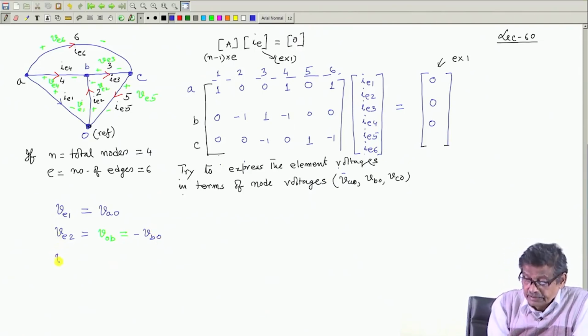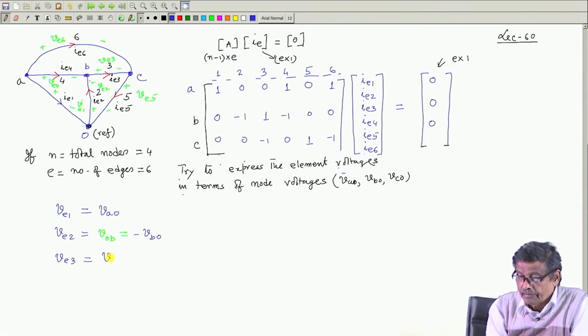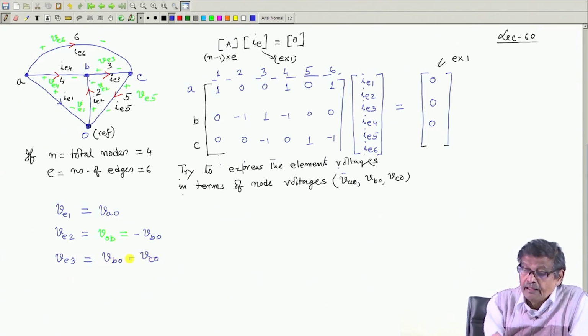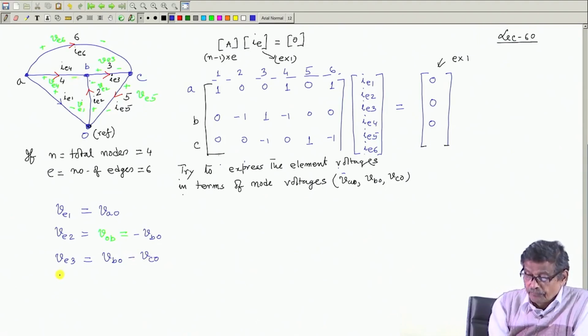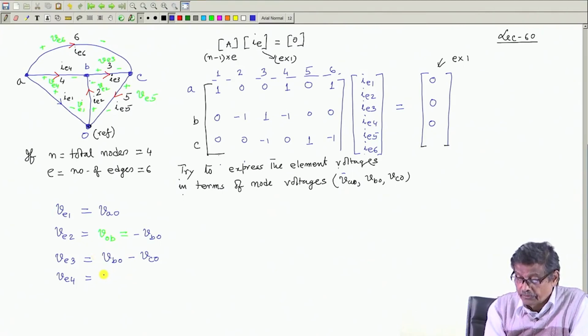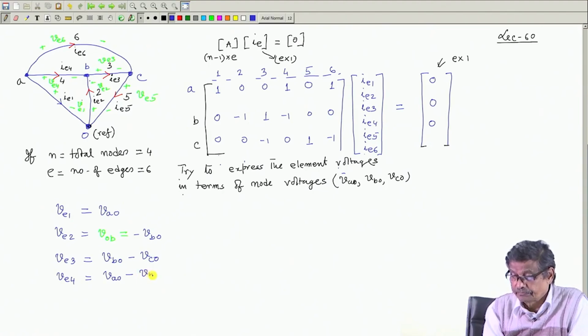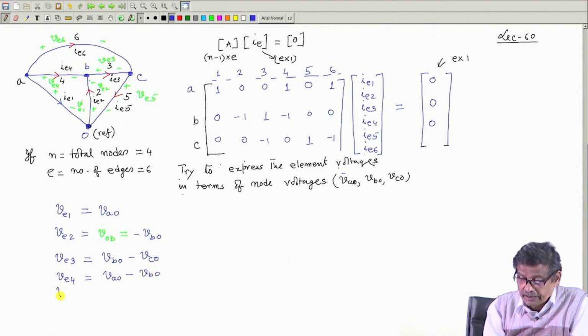Similarly, VE3 is straightforward, this is the direction of the current, so VB0 minus VC0. Then element voltage VE4 across that branch will be equal to VA0 minus VB0. Then VE5 will be simply VC0, that is all.